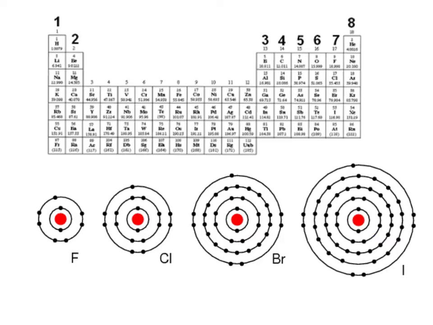Now the big question is, how and why do these atoms bond together to form compounds? And it has everything to do with what are called valence electrons. Valence electrons are the number of electrons in the outer shell. And if you study the periodic table, there's a very simple pattern.